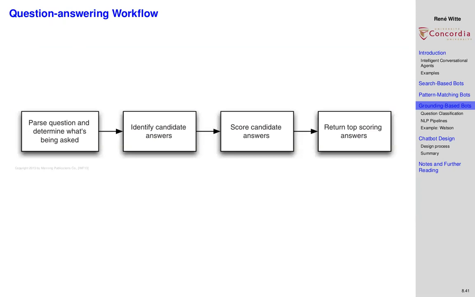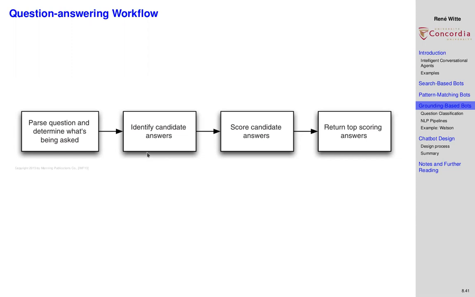So the general workflow of a bot is to first analyze the question. This can be simple using patterns, or more typically, applying some natural language processing on it. This way we find out what's being asked. Then we generate possible answers.